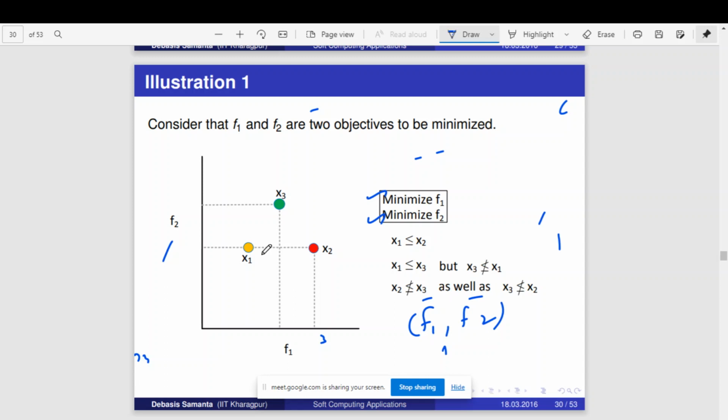So which will be the same? The y-axis is the same, right? For this point and this point, which value is the same? This is the same, right? So they are lying in the same line with respect to which one? f2.